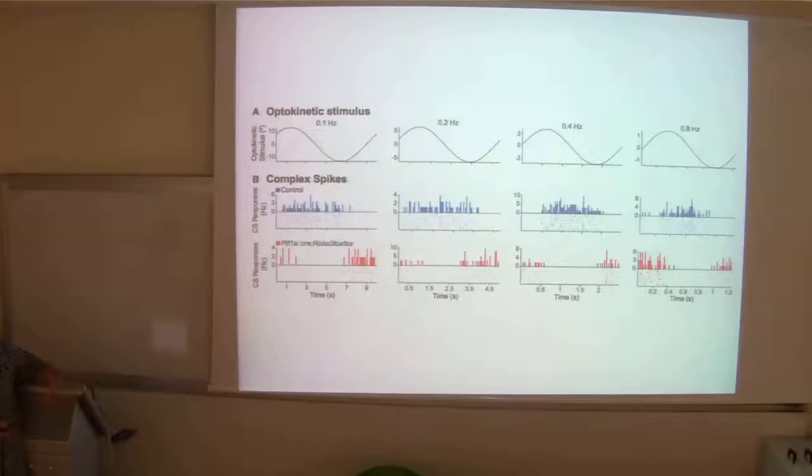And it is a mystery how the synapses stay stable, as you showed yourself in your presentation, that you have cases where complex spikes still occur but there's no learning and no plasticity. And there are cases where the complex spike probability stays the same, but still there's a lot of plasticity. So it's not one to one.